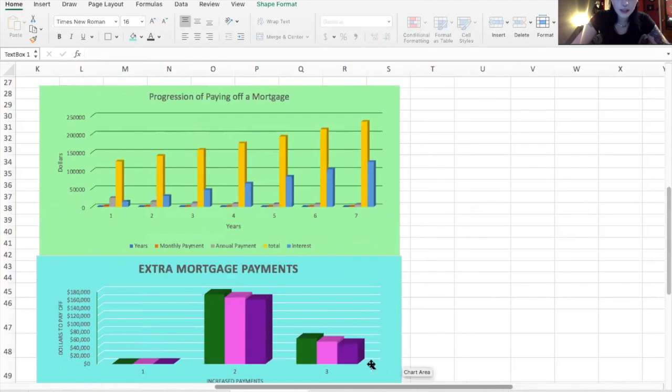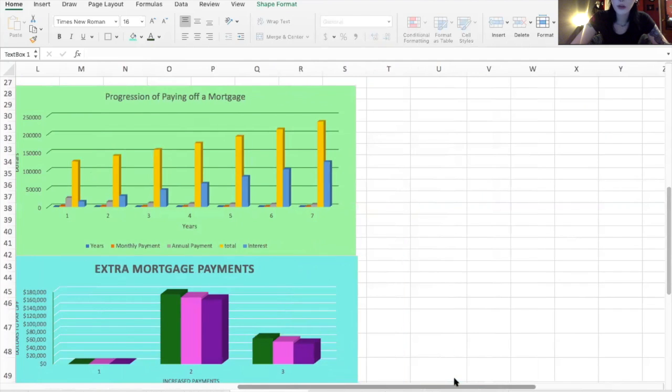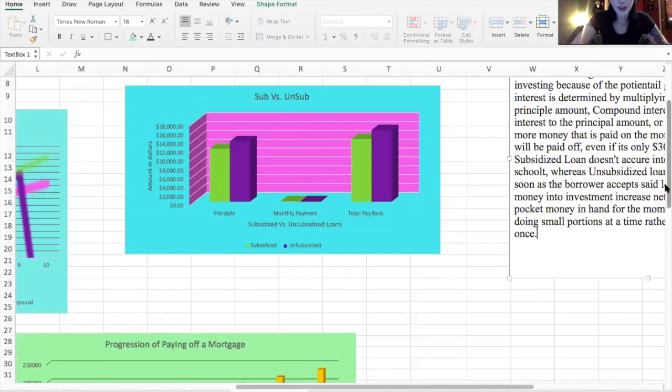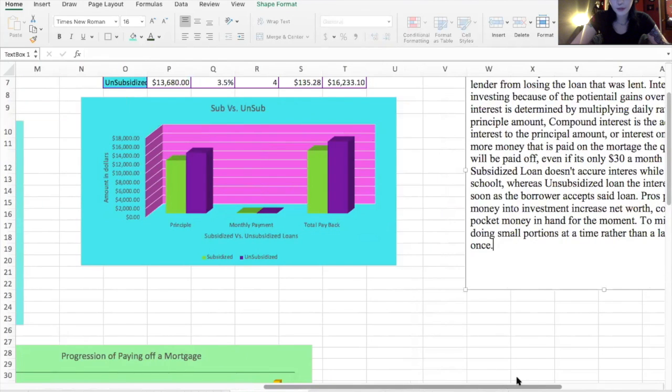But as you can see, over time, with the increased payments on your mortgage, the sooner you're going to get your mortgage paid off, which is good because then you can have more money for yourself or maybe flipping the house. As far as that goes, let's go back up here to unsubsidized loans.